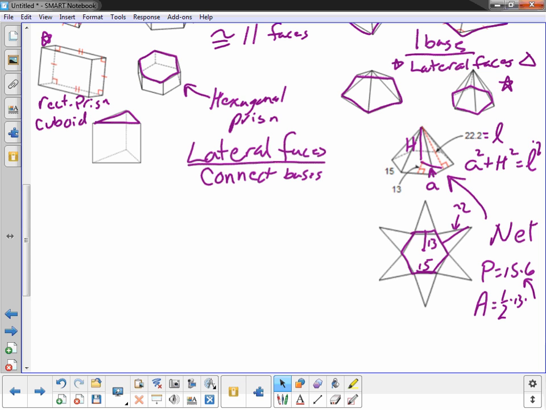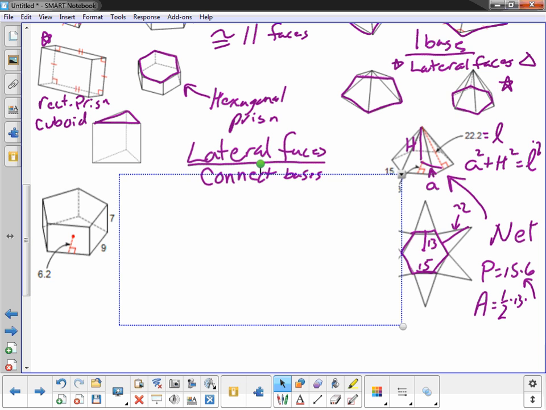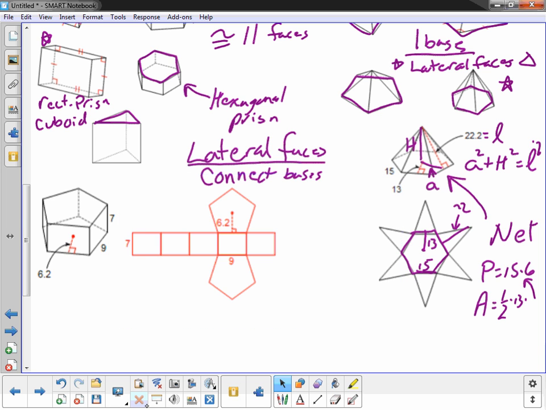Now, say I had a pentagonal prism like I have here, and I made its net. Notice it's got the two bases, and the lateral faces are all these rectangles down the middle. And again we have the apothem and we have a side length. So those are all the different types of shapes that we have there.